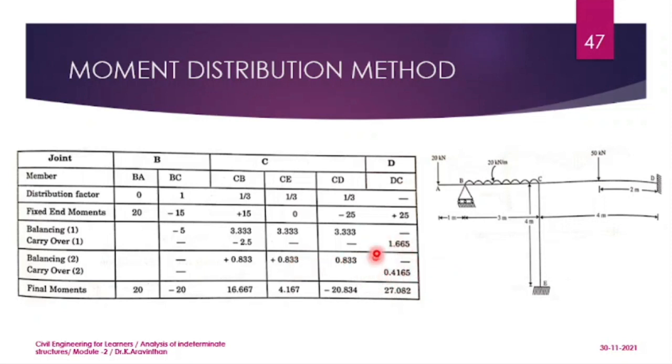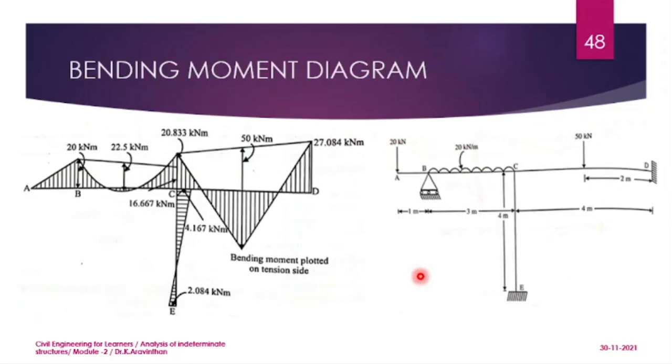So what is the addition of these two values? What is the value? 2. See, this 2.08 will be the moment at joint E.